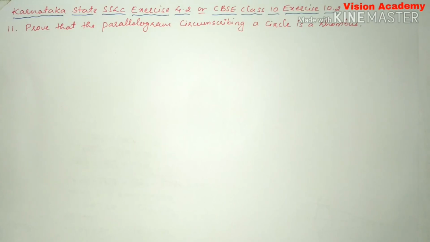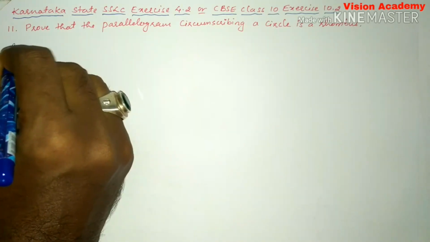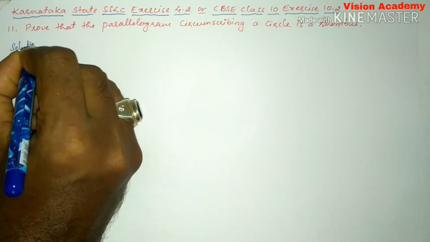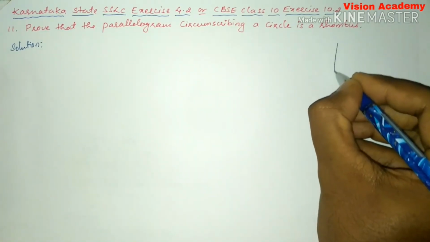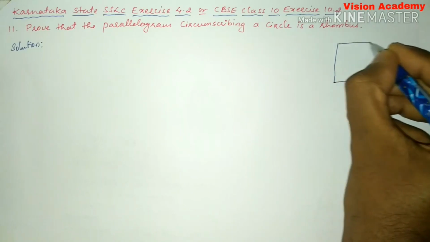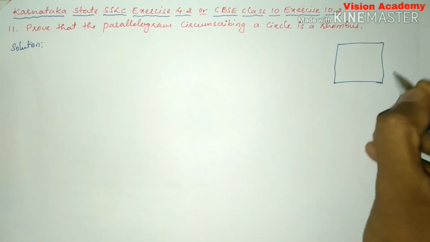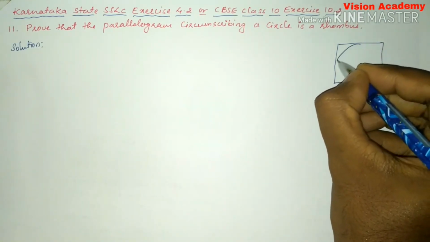Question number 11. Prove that the parallelogram circumscribing a circle is a rhombus. Let us find the solution for the given problem. Let us draw a parallelogram circumscribed with the circle.